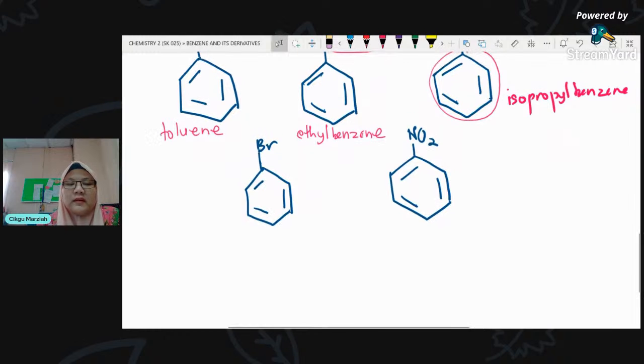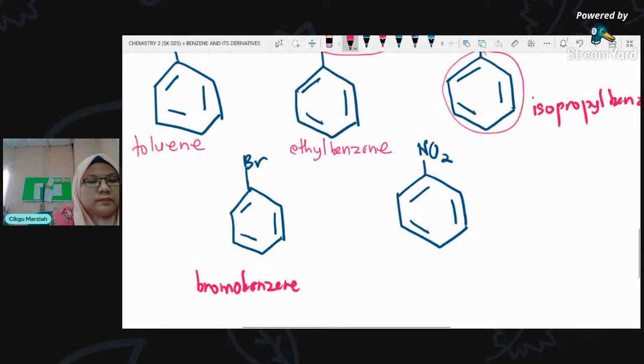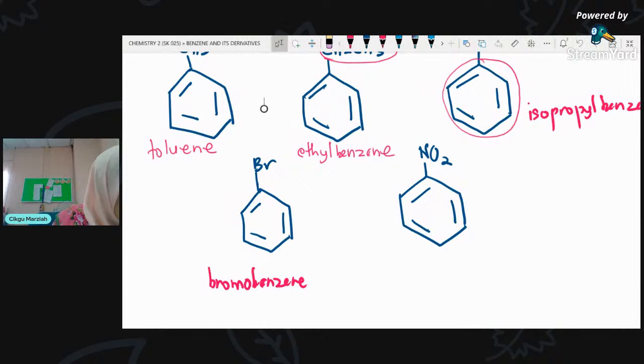Number 4, okay, we have benzene with one substituent dan dia pun tak ada nama dalam senarai 6 nama tadi tu. So it is a bromobenzene. Okay, next. Okay, we only have one substituent dan dia pun tak ada dalam senarai nama yang kita perlu hafal tadi.